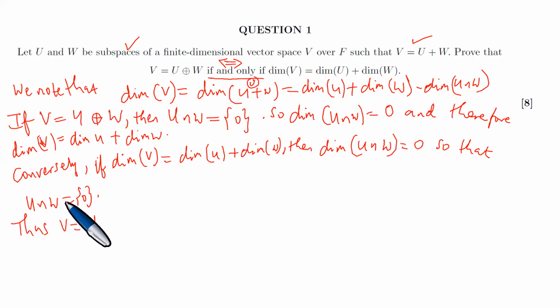If this consists of 0, that means V is actually U plus W direct sum. So we achieve that, which is exactly that part. We started here and then we have exactly that part.